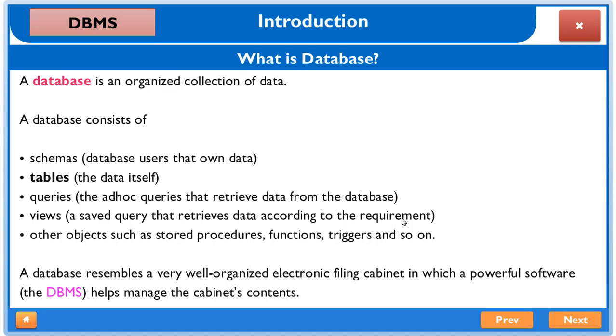So the important database objects are tables, queries, views, stored procedures, functions, triggers, synonyms, snapshots, indices. These objects will be covered in greater detail in the DBMS course. So a database is very similar to a well-organized electronic filing cabinet, in which a powerful software called Database Management System or DBMS helps to manage the cabinet's content.